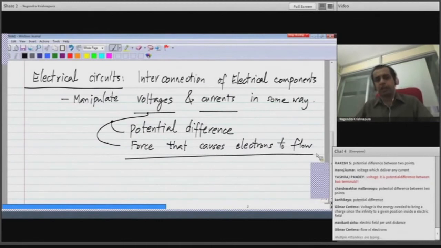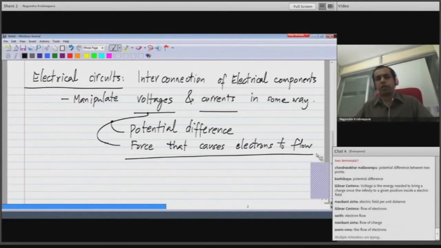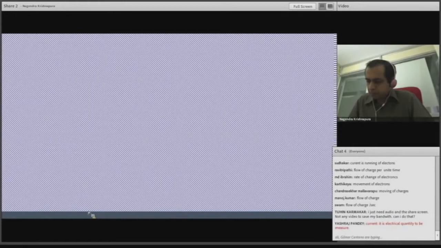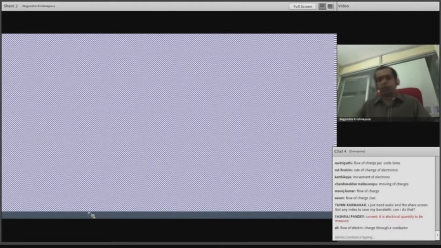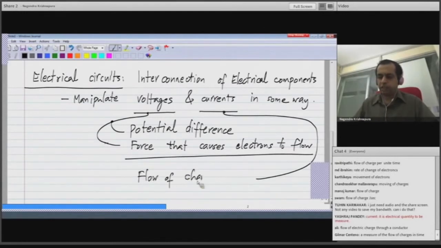And similarly, I would like some responses on what is a current, what's an electrical current. Okay, again I've got a number of responses which say that a current is basically flow of charges. Okay, and some of you say electrons, which is quite correct, of course.